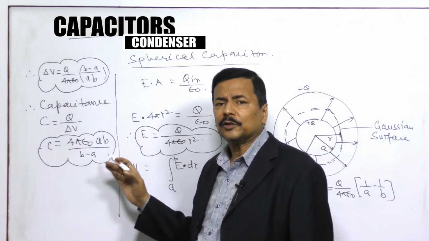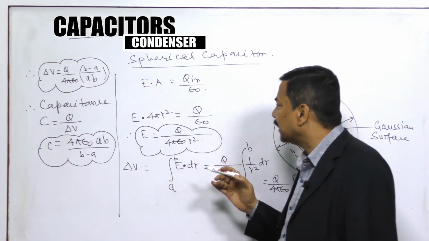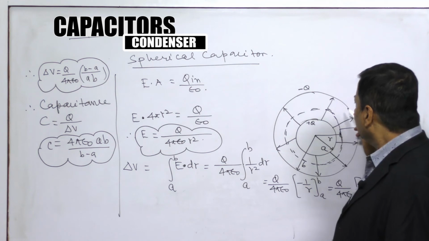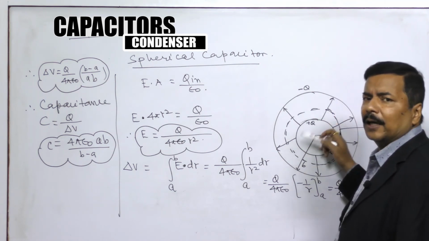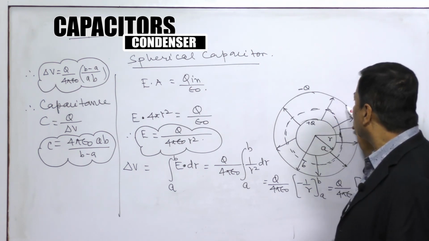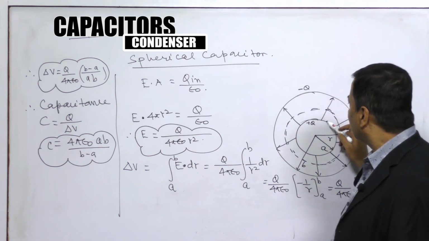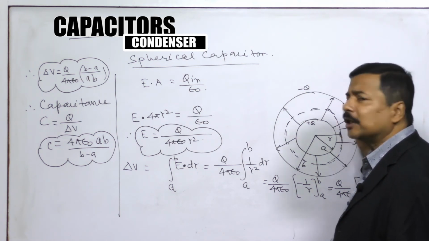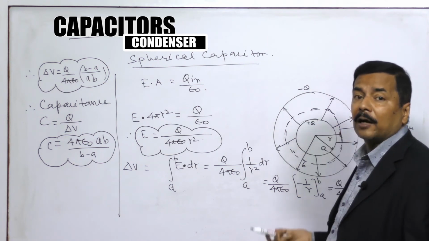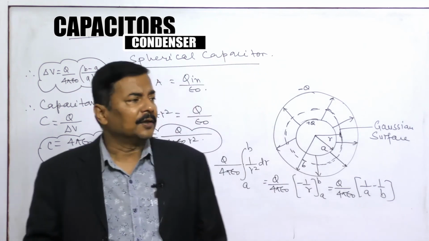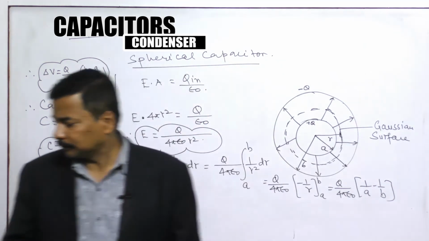What are those two special cases? Try to understand. First case that I would like to discuss, when there is a single spherical conductor, that means the other conductor can be supposed to be at infinity. And second case, when the separation between the two conductors is very small, it will behave like a parallel plate capacitor. So let us try to understand these two cases.